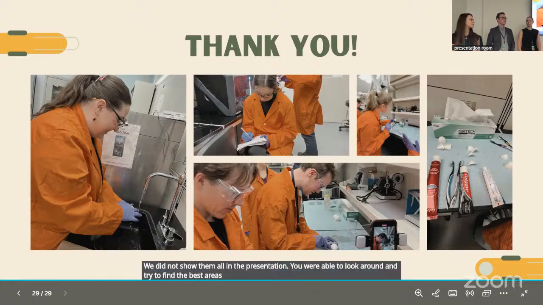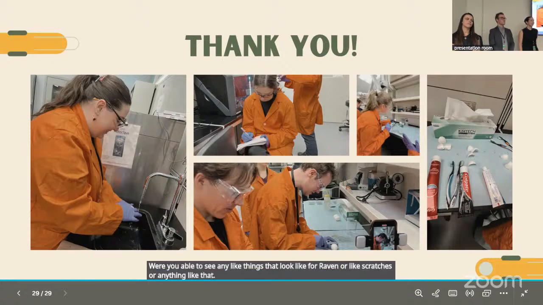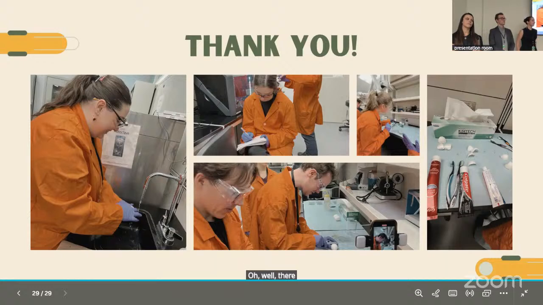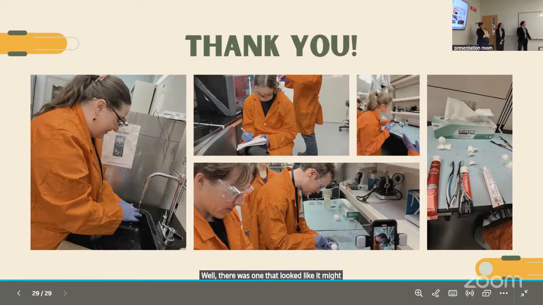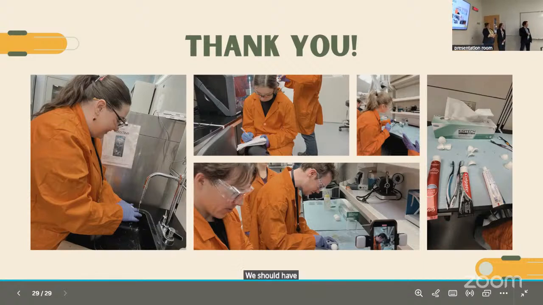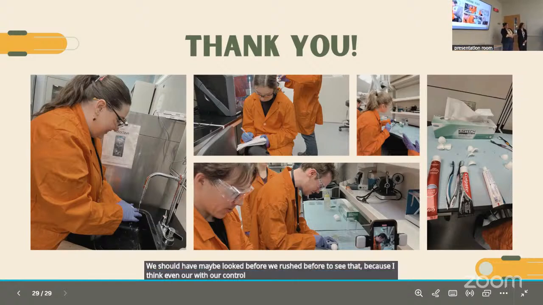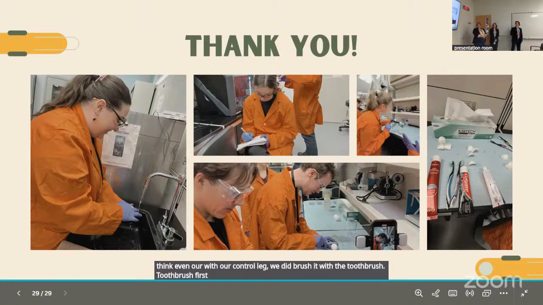Yeah. And were you able to see anything that looked like abrasion or scratches? Well, there was one that looked like it might have, but it's hard to tell, because we should maybe have looked before we brushed it. I think even with our control egg, we did brush it with the toothbrush first. No, just rinsed.